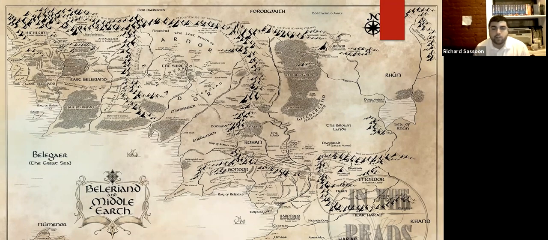In the cosmology of Middle Earth, where Tolkien tends to focus is on the westernmost area. So during the First Age, he focuses on Beleriand. During the Second and Third Ages, he tends to focus on Eriador, and then increasingly on Ravania. You can see Rohan and Gondor, right?